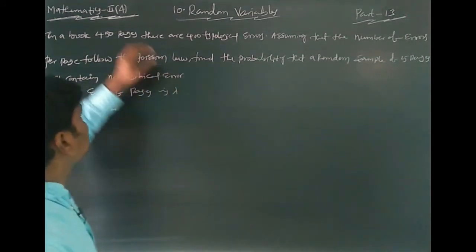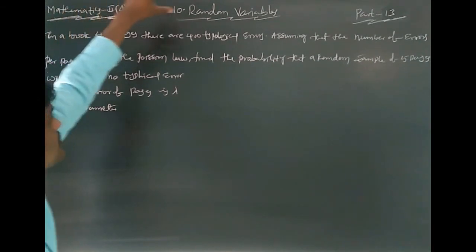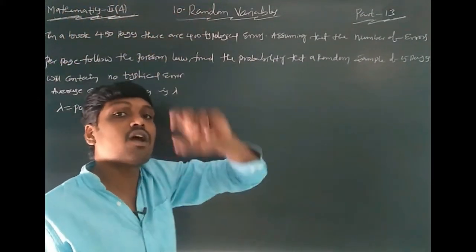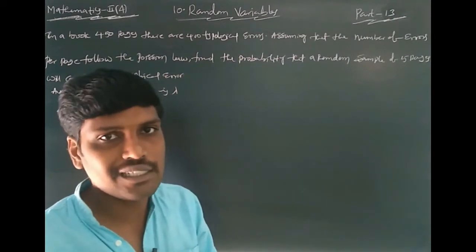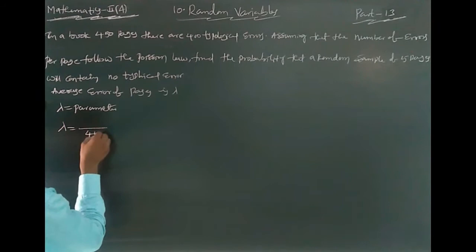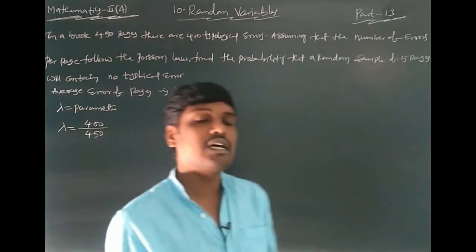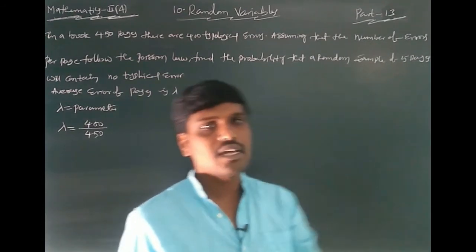Here how many pages in total? 450 pages. In these 450 pages, there are 400 typographical errors. That's why you can write lambda equal to 400 by 450. This is the lambda value.